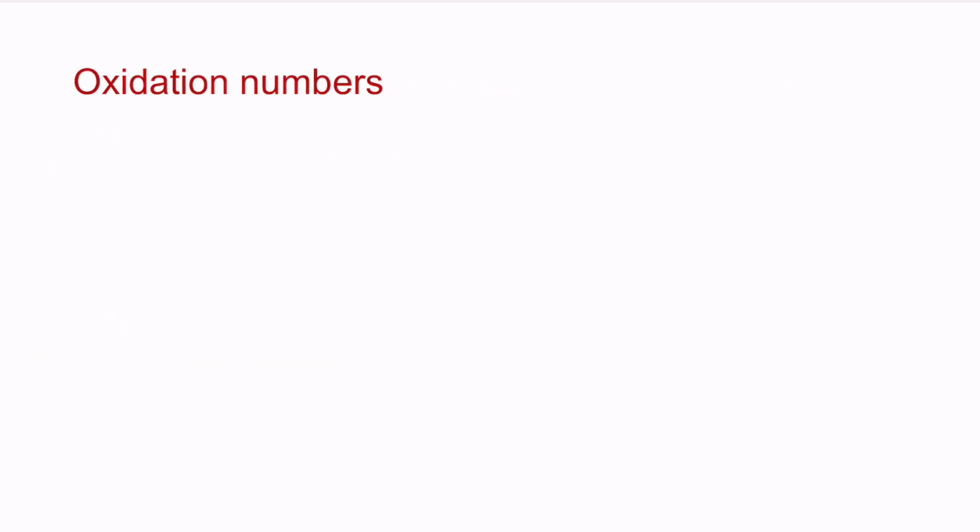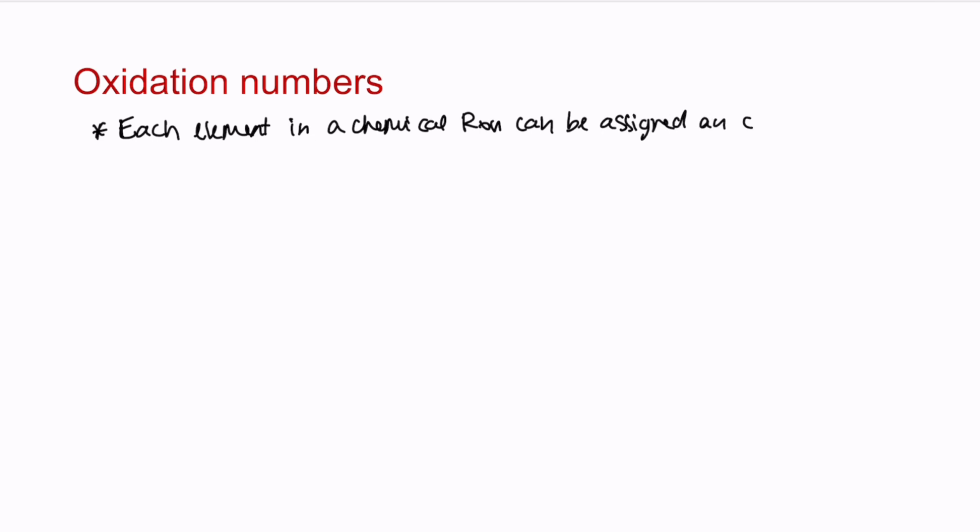So oxidation numbers can be calculated for every single element within a chemical reaction. And this is very important. Each element in a chemical reaction can be assigned an oxidation number.